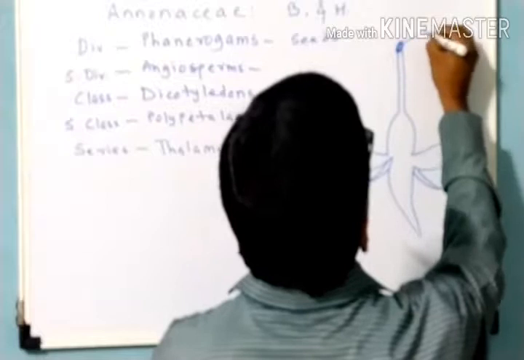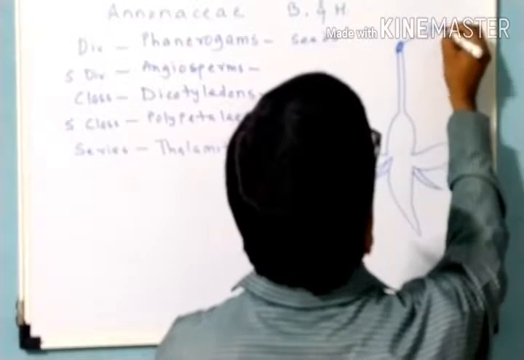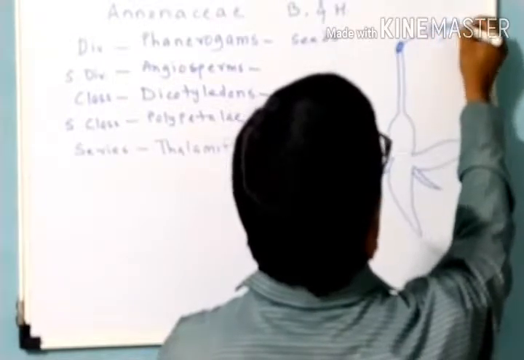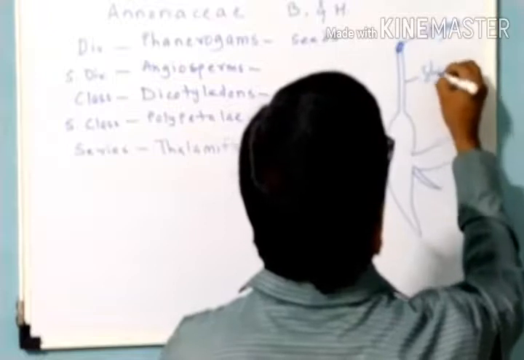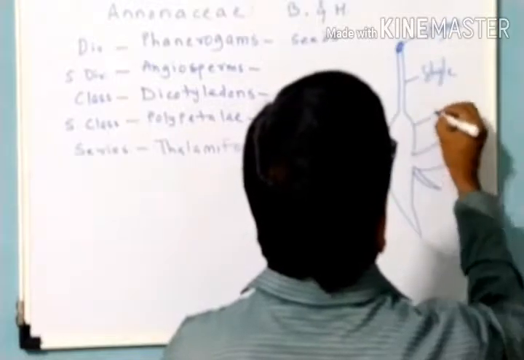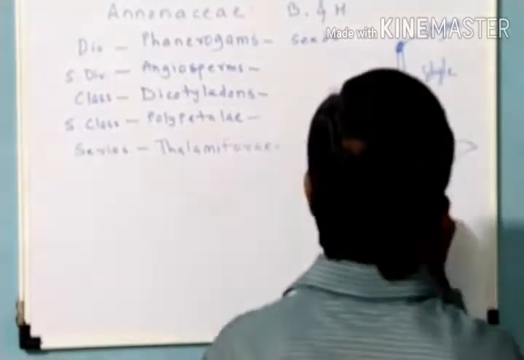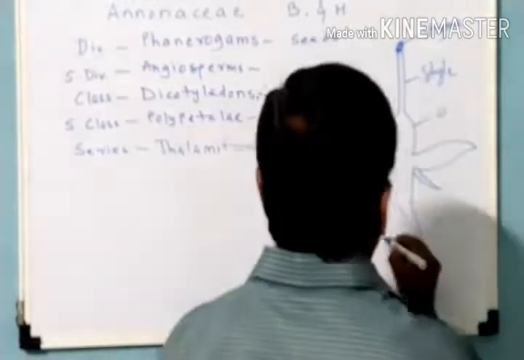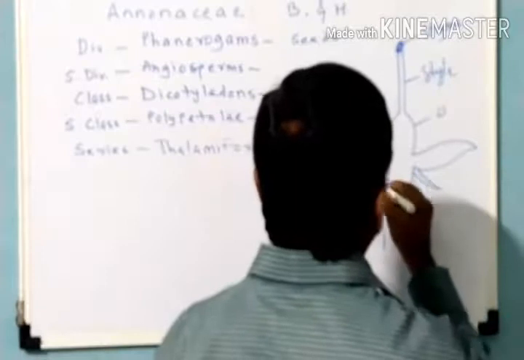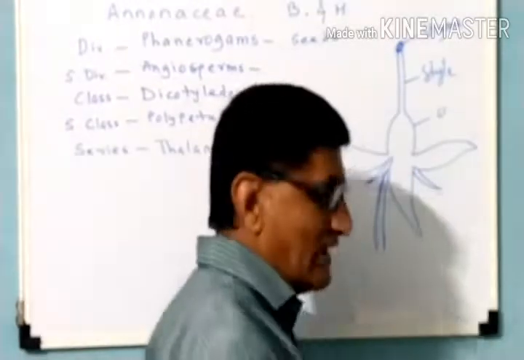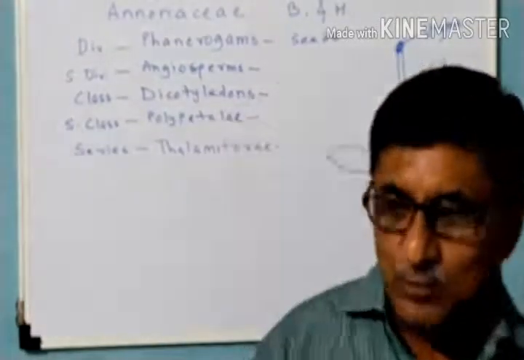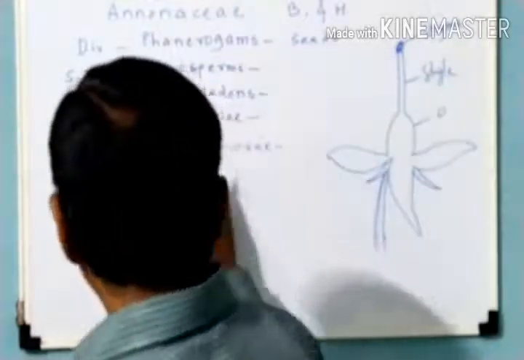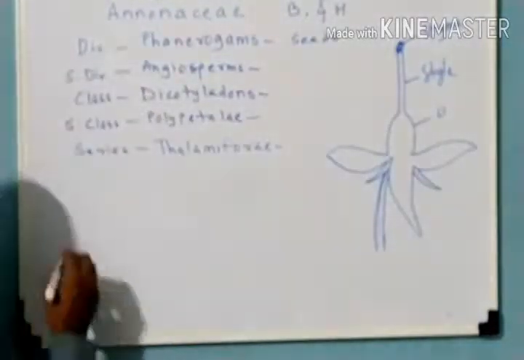This is a stigma, style, and ovary. So the ovary is superior. All other floral parts are below the ovary, and that's why the ovary is superior in position, and such a flower is called a hypogynous flower. So the flower is hypogynous, and there are many stamens.